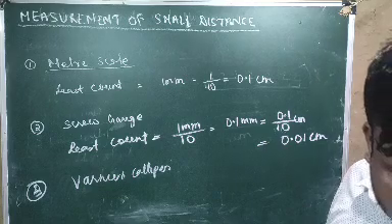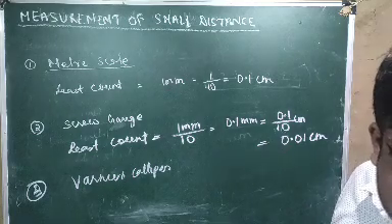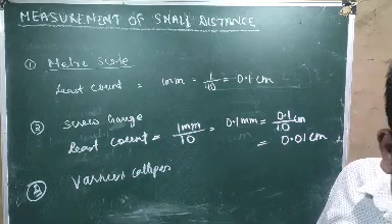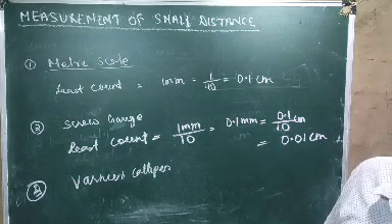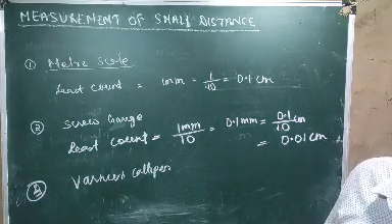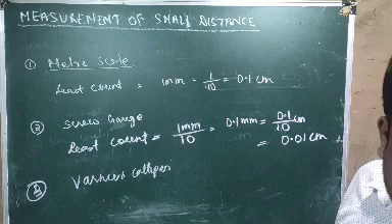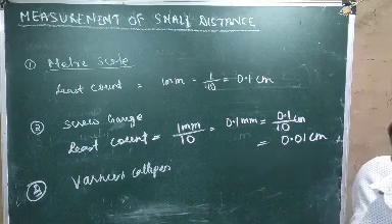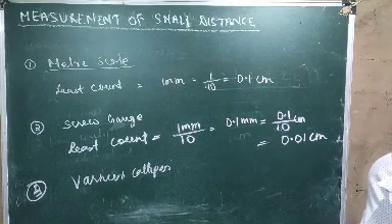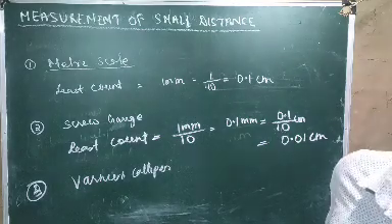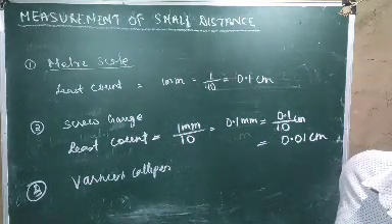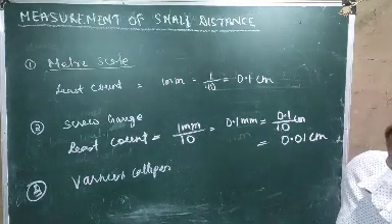When you use a vernier caliper, 1 millimeter is divided into 100 parts. Then each part can be measured by using the instrument called the vernier caliper.